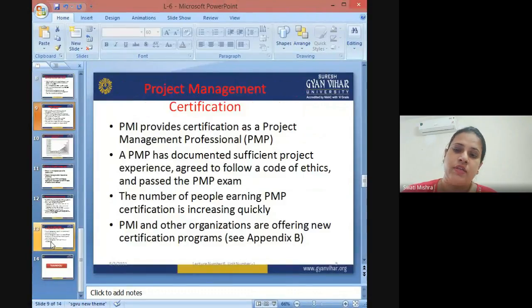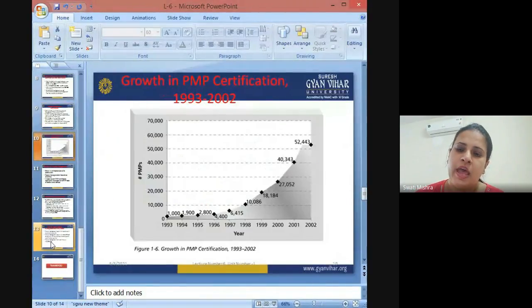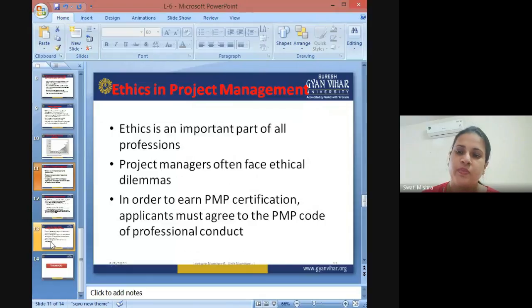There is a lot of demand for certified professionals in project management in all the organizations, especially production organizations that we see. And project management is equally important in the service sector also.